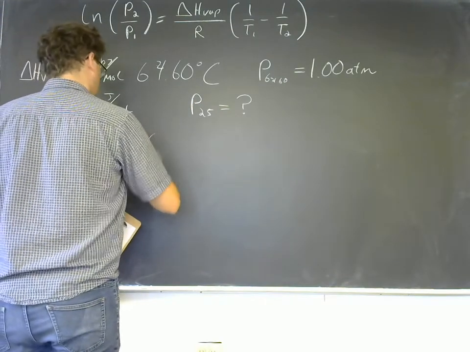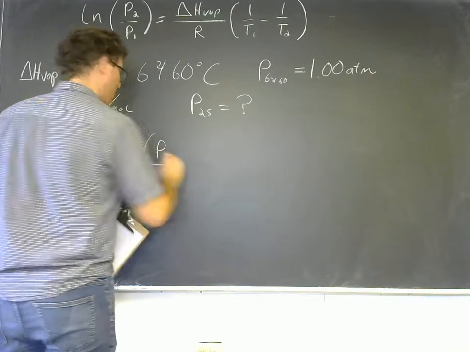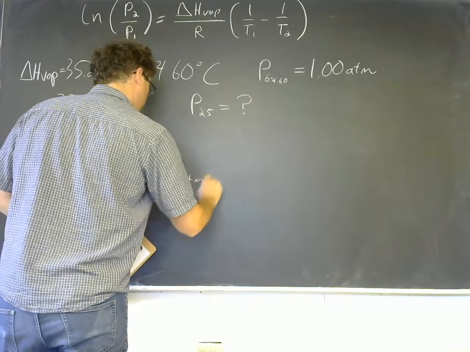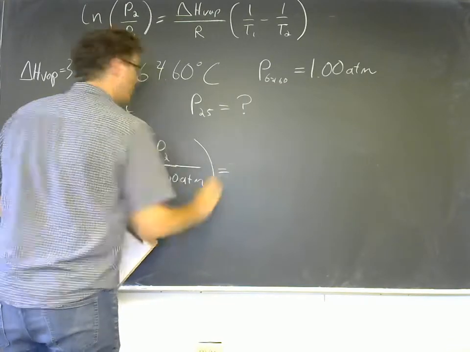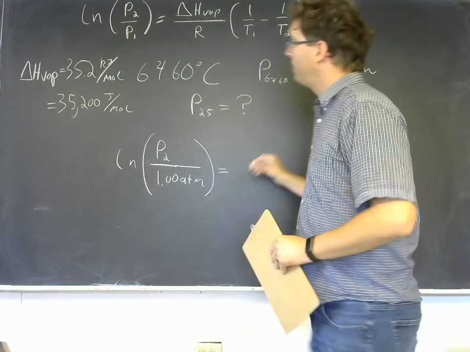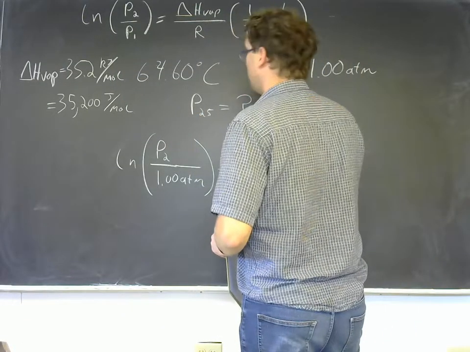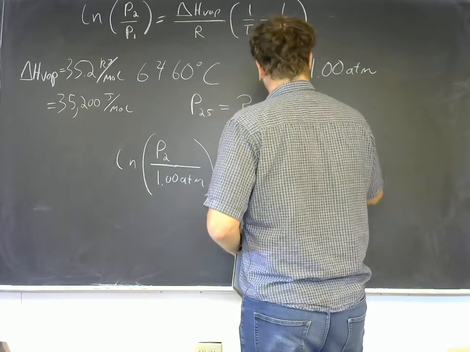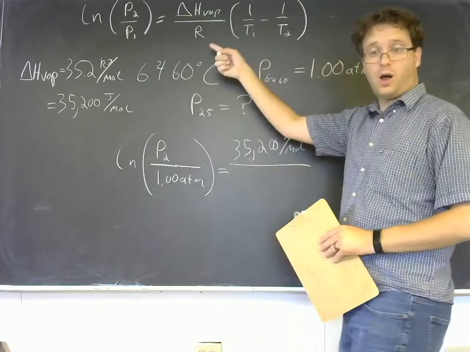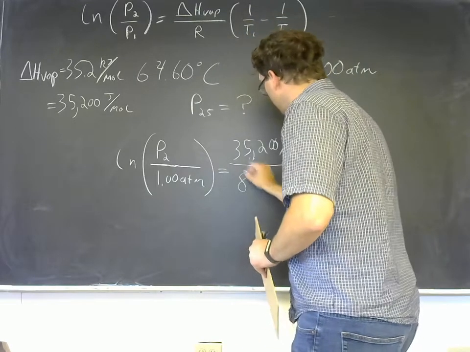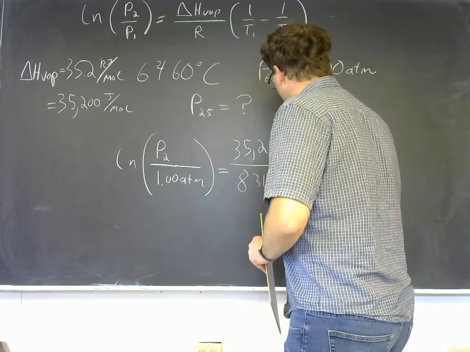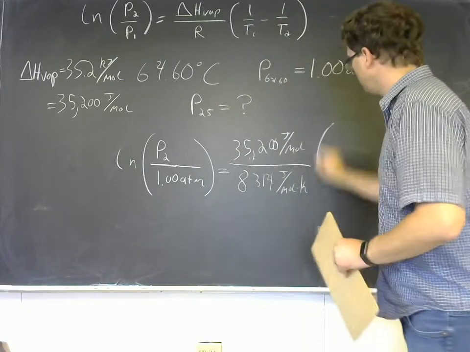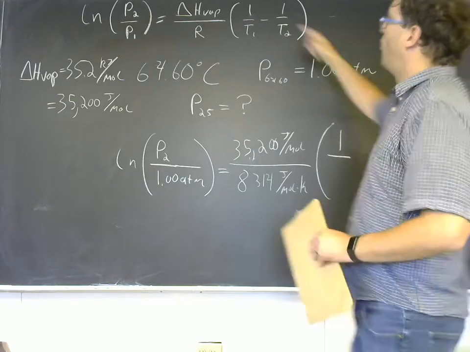Natural log of P2, our unknown pressure, over 1.00 atmospheres is equal to our enthalpy of vaporization, 35,200 joules per mole, over R, the gas constant, that's 8.314 joules per mole Kelvin, all times 1 over T1.